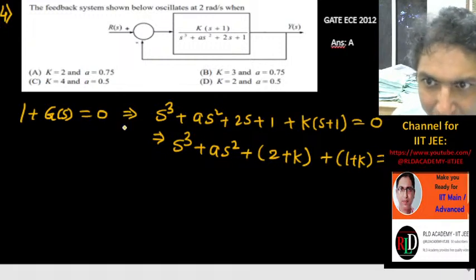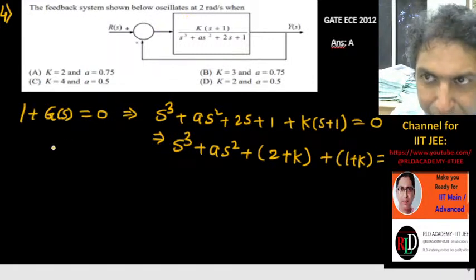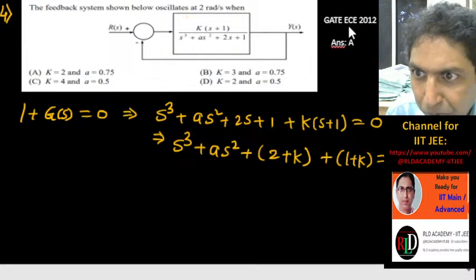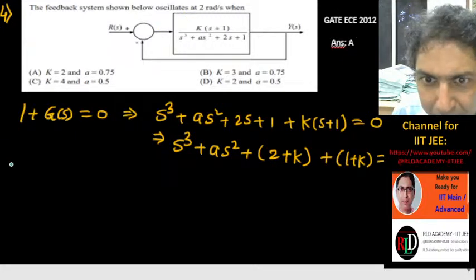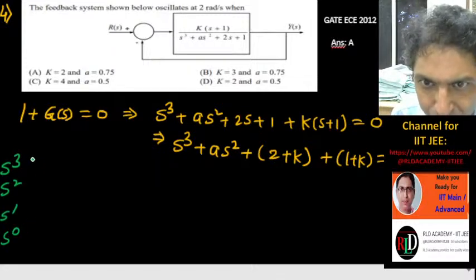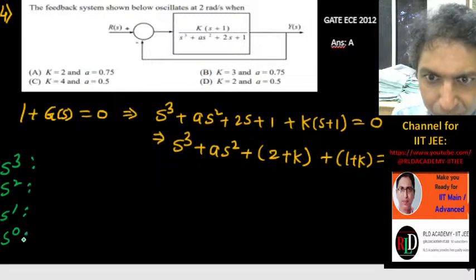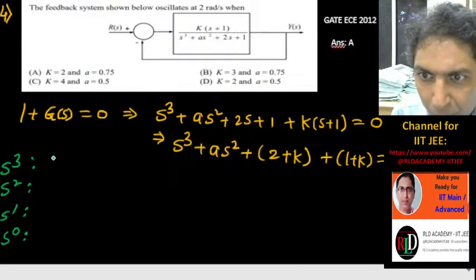Now can we make the Routh-Hurwitz table? Rows s cube, s square, s to the power 1, s to the power 0. The s cube coefficient is 1.